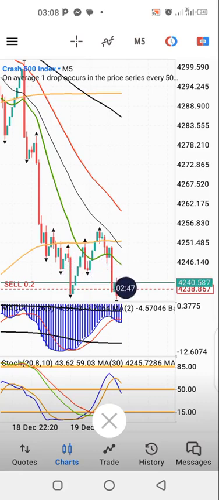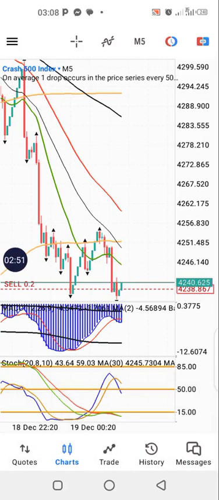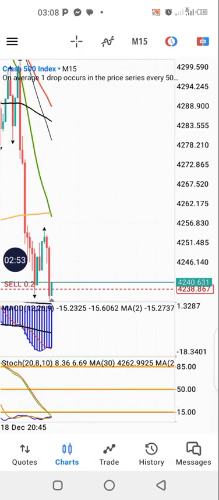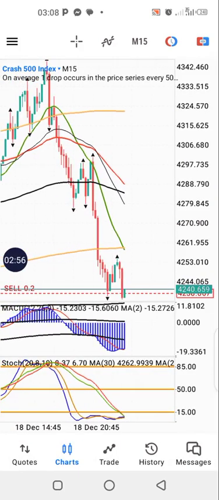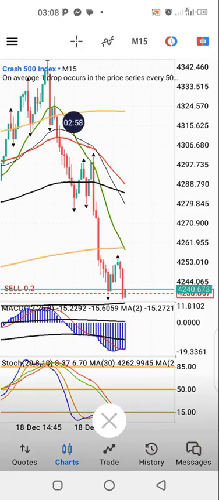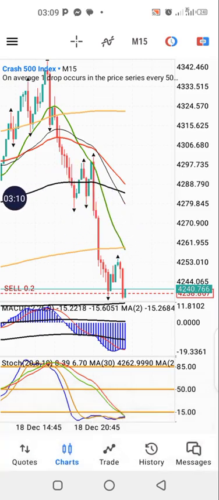So a spike is still going to come. That is just the analysis I've taken. When you go to the 15 minutes time frame, it's the same thing. You can see that the green moving average has been crossed. The red one has crossed it, the black one has crossed it, even our 200 moving average has crossed. So there's going to be a lot of spikes, you understand.